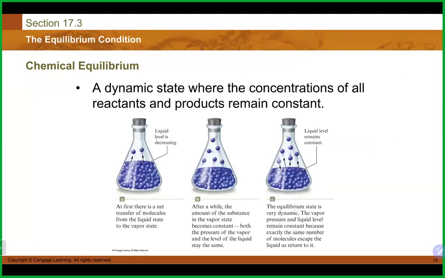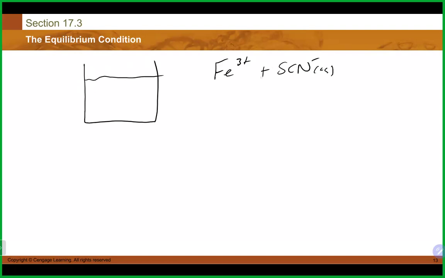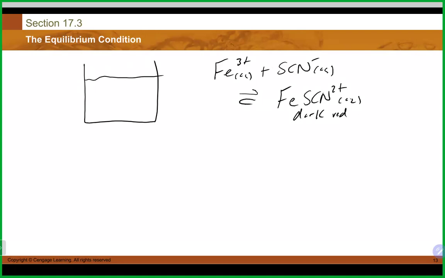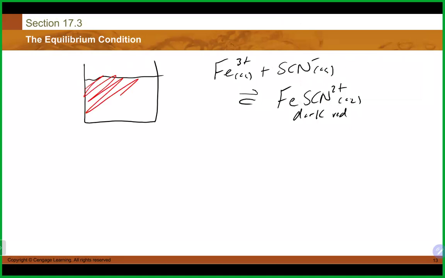Now, let's look at a beaker that is reaching equilibrium. Maybe we mix together something like iron(III) and a little thiocyanate, like maybe you did in a lab, making this dark blood red complex ion. So you mix these together and boom, you get a red beaker.